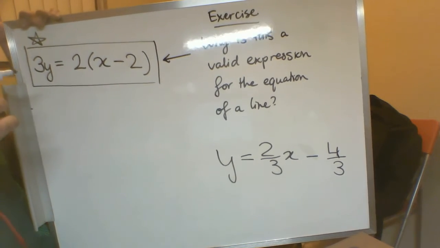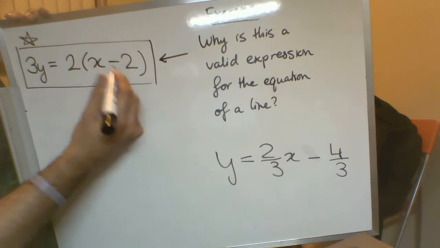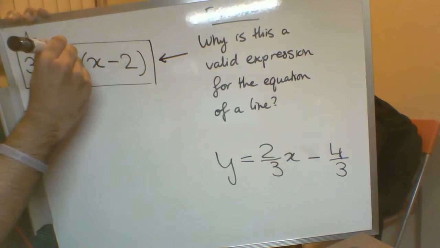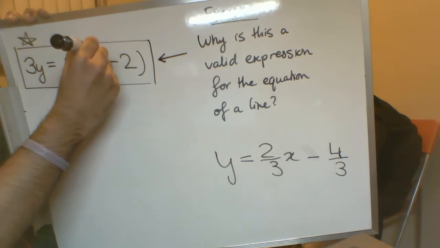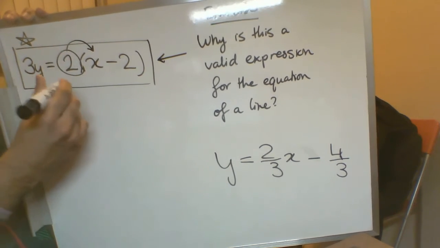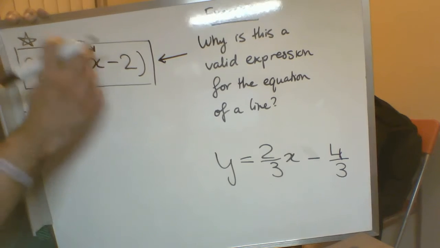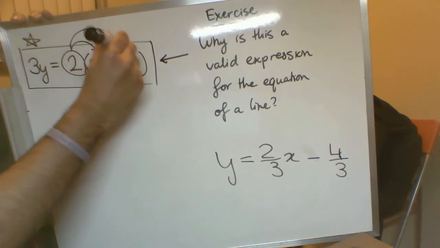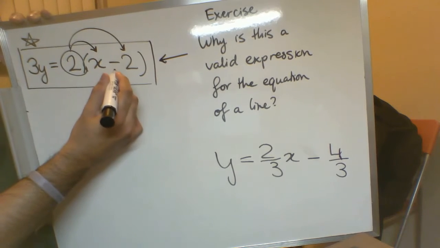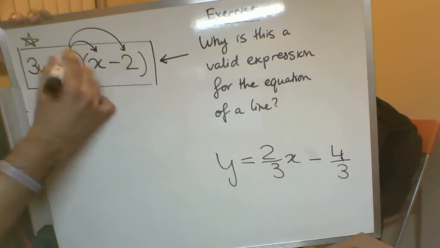So the first thing we want to do is, we don't want anything to be in brackets over here. So I'm going to use the distributive property, which we talked about a while back. Basically I'm going to take this 2 that's sitting on the outside, and multiply it by each term inside. So I'm going to multiply it by the x, and by the 2, leave that minus sign in the middle, and get rid of the brackets.